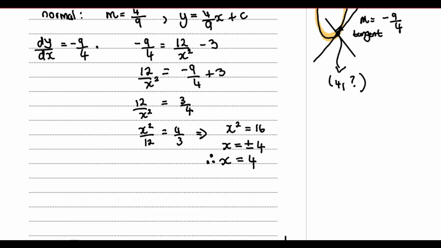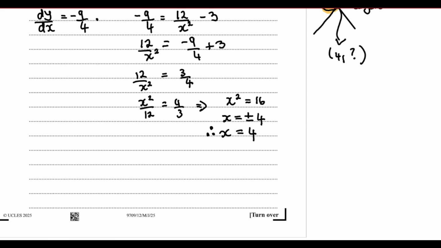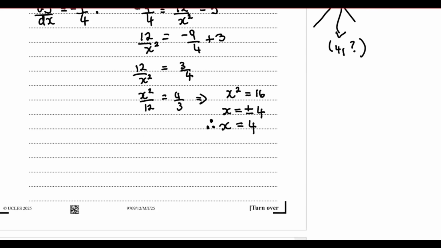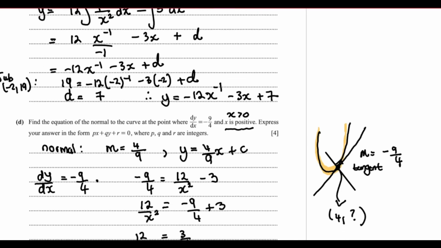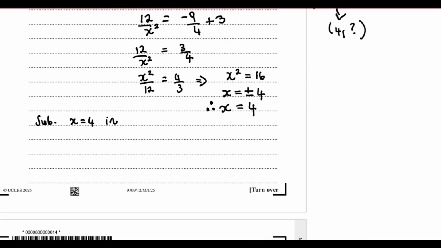How can we find that? Well, we can substitute x is equal to 4 into whatever y is. Remember, y is this, because it happens on that curve. So we'll have that.